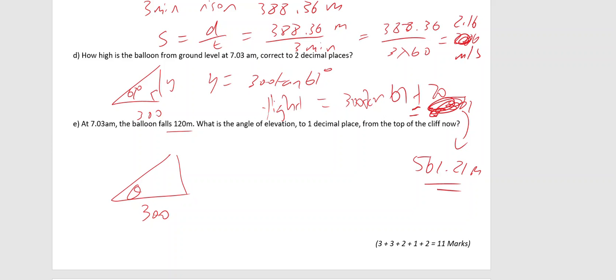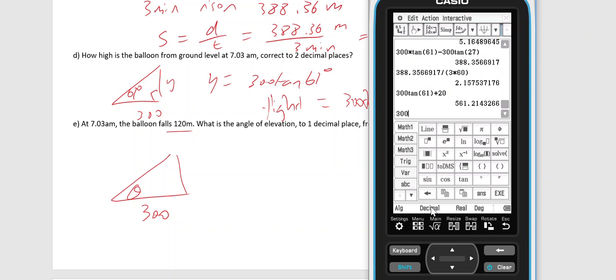So if I work out what my height is at 7:03 a.m., which is 541.21 meters, and I subtract 120 meters, it's now 421.21.